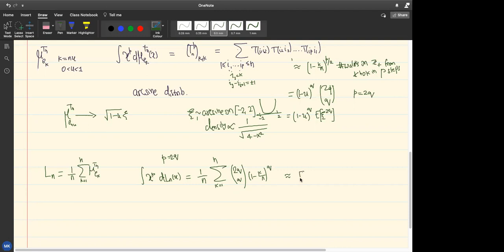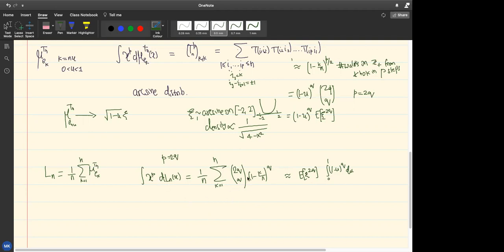So 2q choose q is expectation of psi to the power 2q, right? And what is this? This is the integral from 0 to 1 of 1 minus u to the power q du. So basically these are the moments.